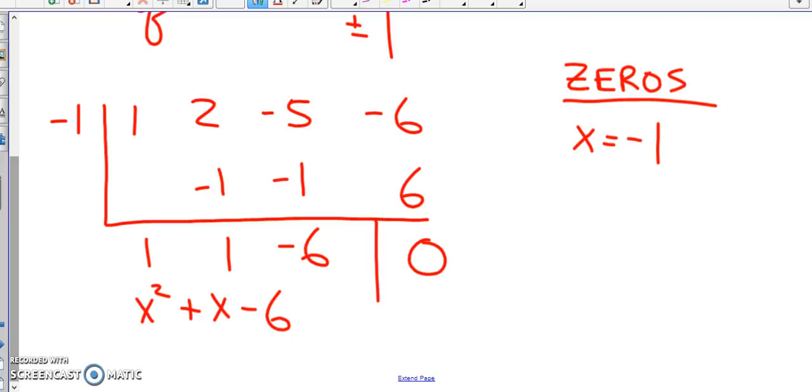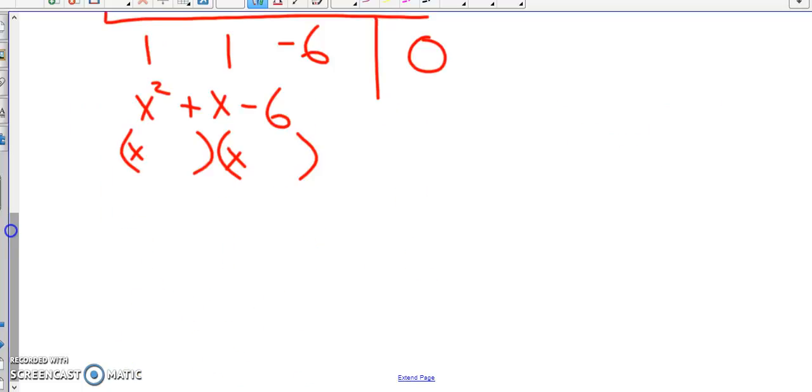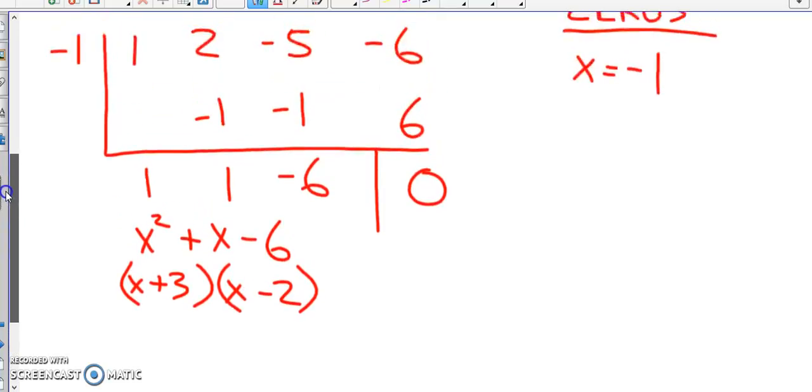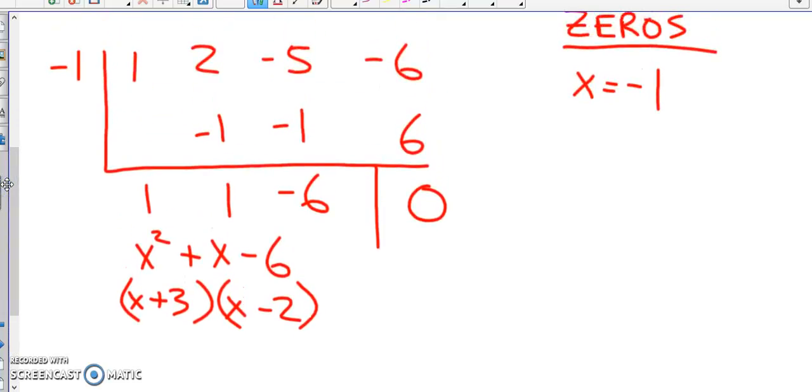Or at the very least, I ought to be able to use the quadratic formula on it. So what does that factor into? So what should I add to my list of zeros?